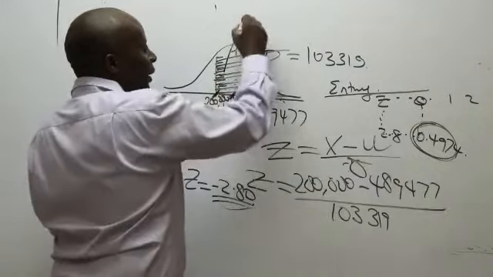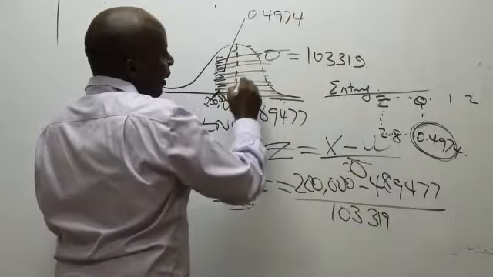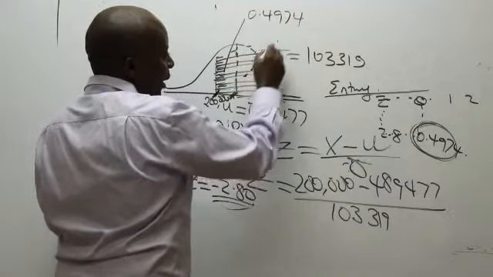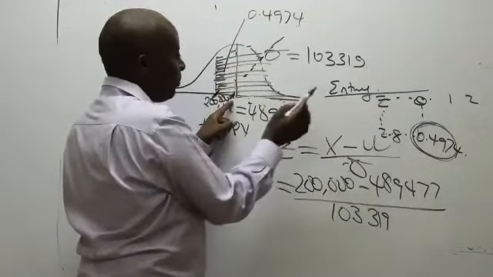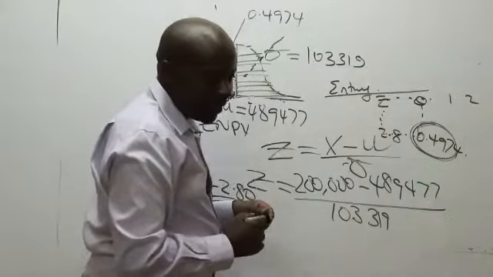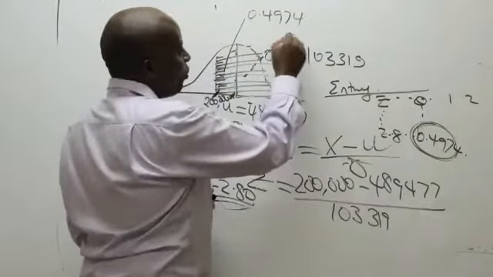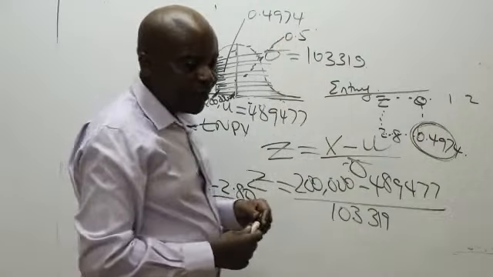So whatever you have read there is 0.4974. Then what do you know about this other half area? This half area from here to infinity is 0.5. And then what I want is the total shaded area.